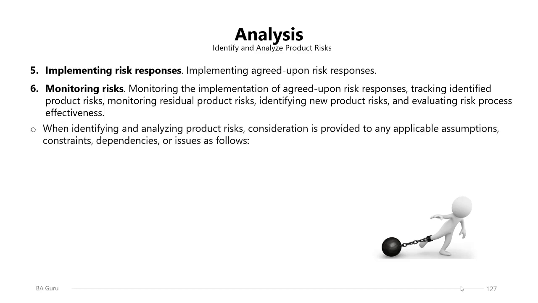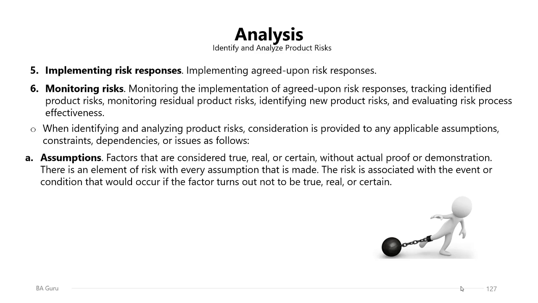When identifying and analyzing product risks, consideration should be provided to any applicable assumptions, constraints, dependencies, or issues. Usually the assumptions, the constraints, the dependencies, or the issues can lead to risks, especially the threats on the project. Assumptions can be defined as factors that are considered true, real, or certain without actual proof or demonstration.